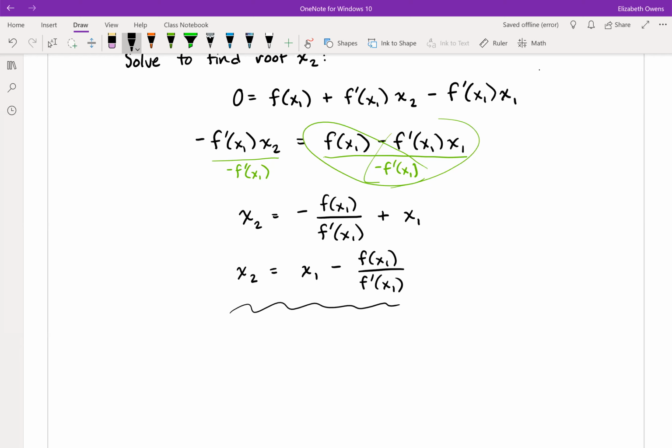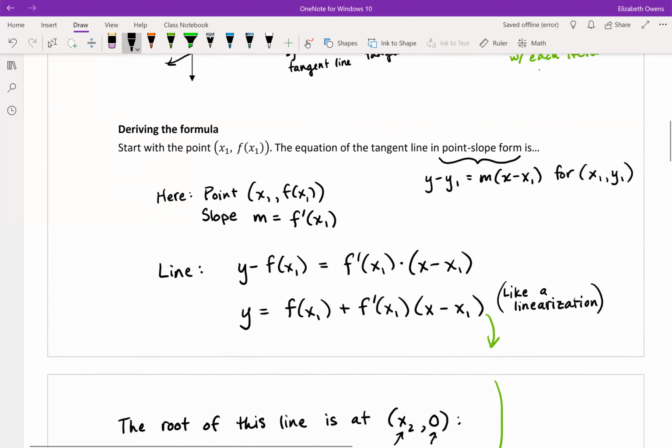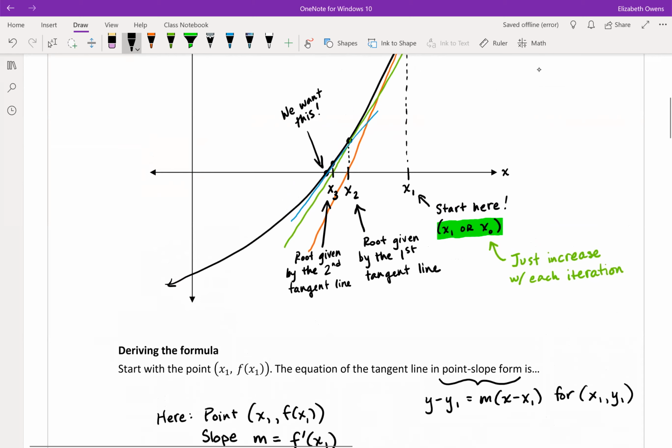Okay, so we've found this value right here. So we've used our initial guess x1 to move closer to the root that we really want by finding the root x2.